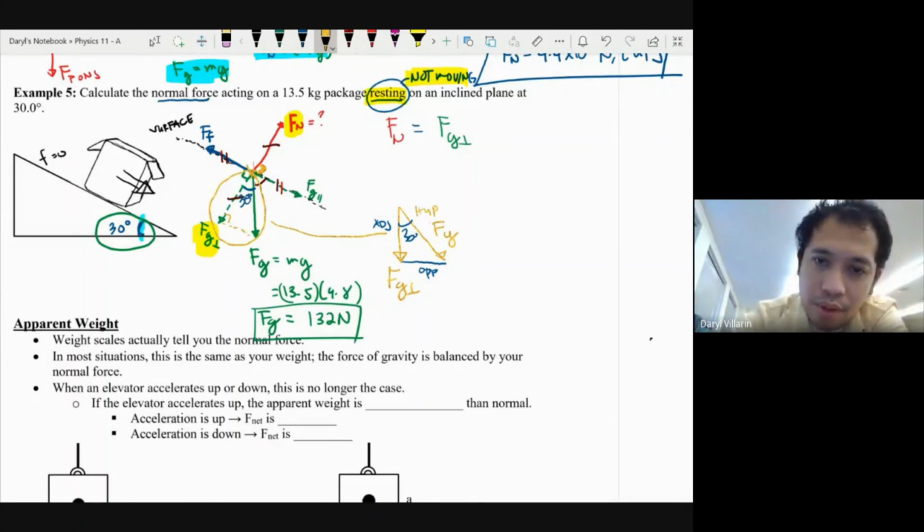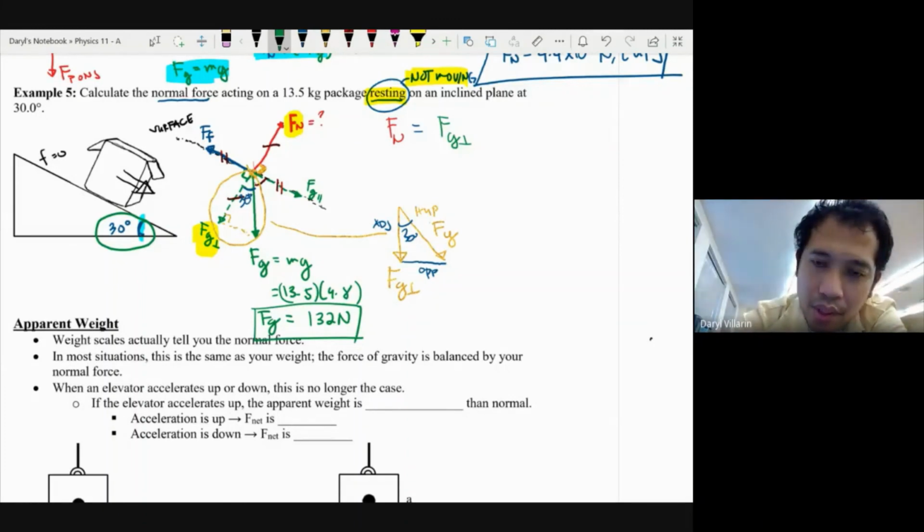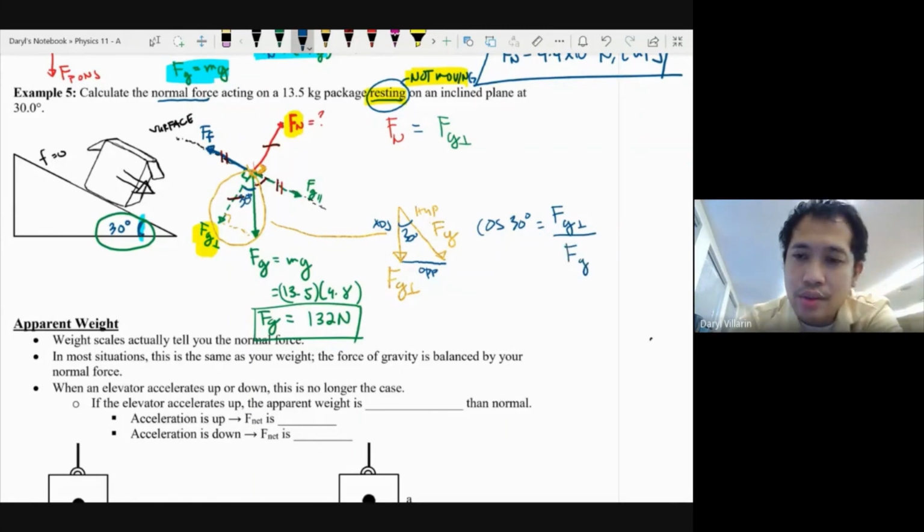If you're solving for Fg perpendicular, that is just the adjacent side, so that would be cosine. Cosine 30 degrees is equal to the adjacent side, Fg perpendicular, over Fg.